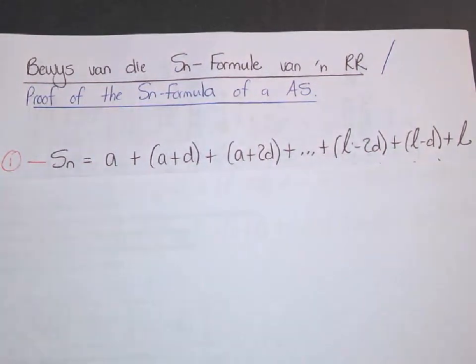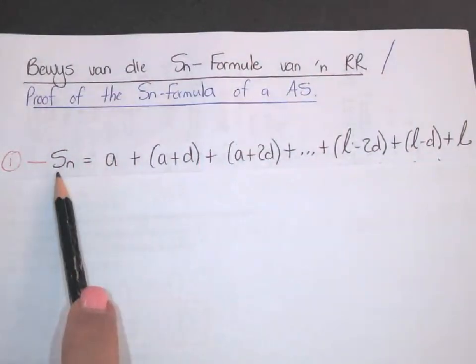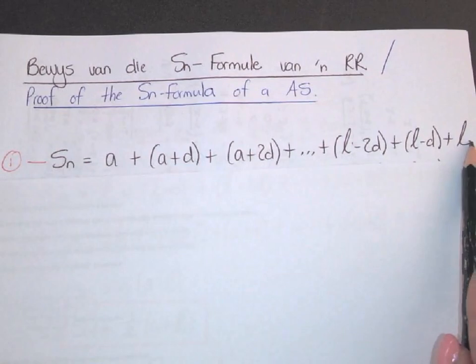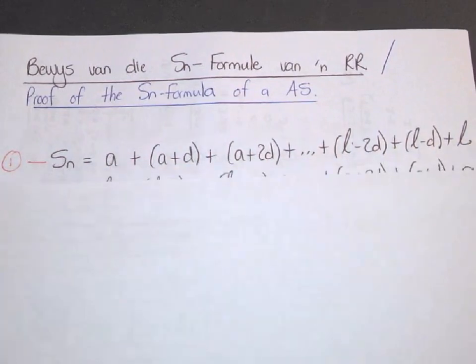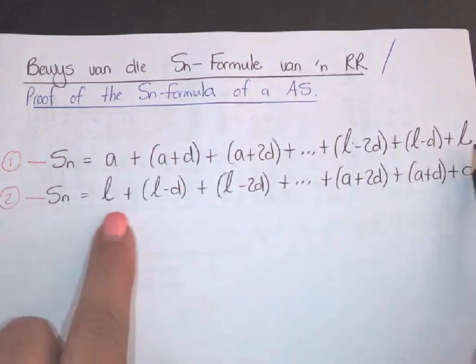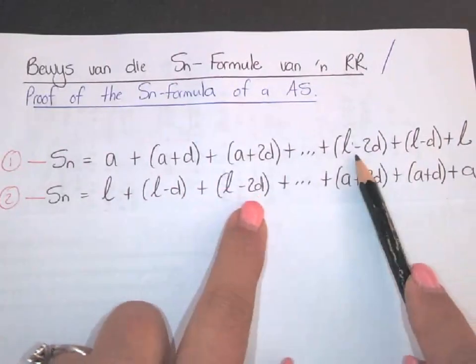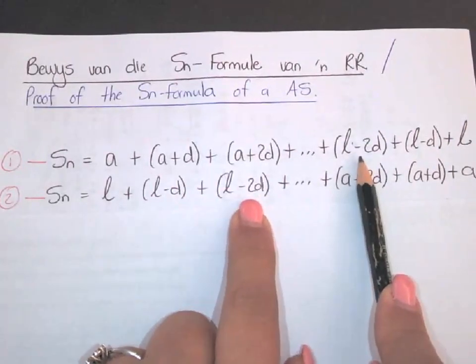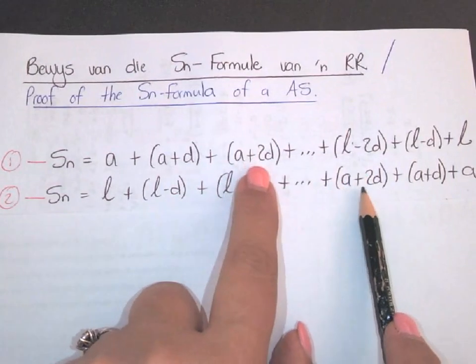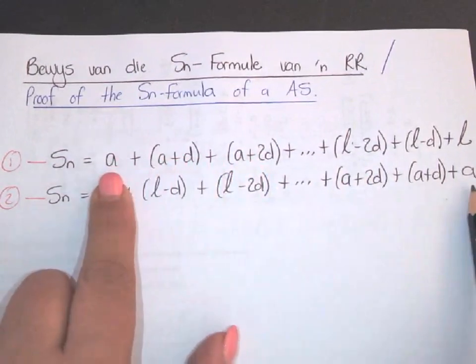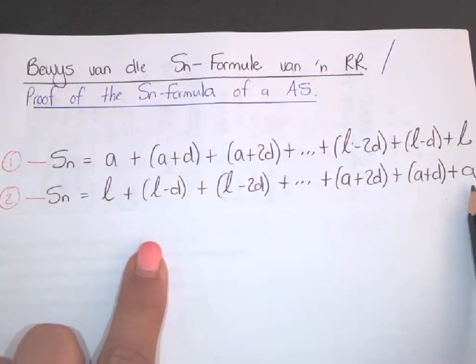Now in the second step of the Sn proof, we are going to write this Sn again, but from the back to the front. So we start at the last term, then the second last, then the third last, etc. And then we get to the third term, second term, first term. Are you with me? Mm-hmm.